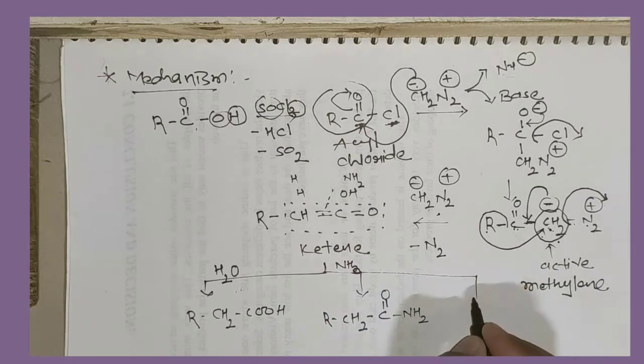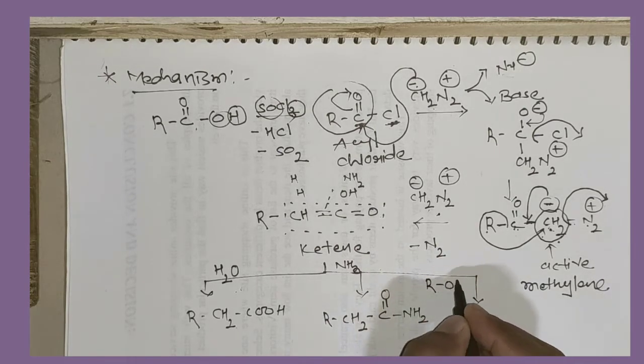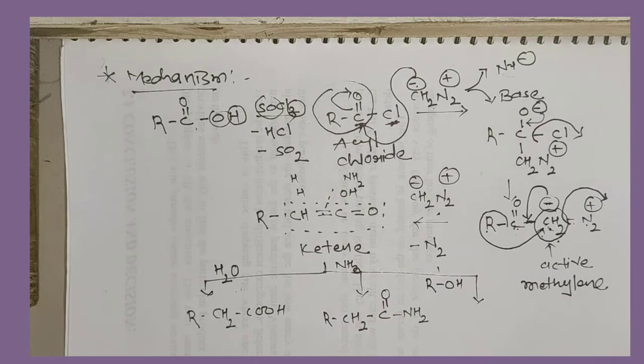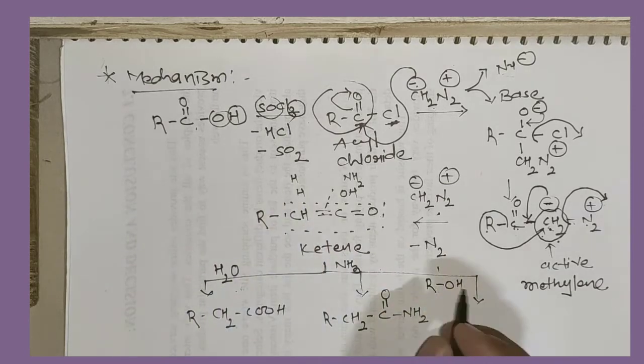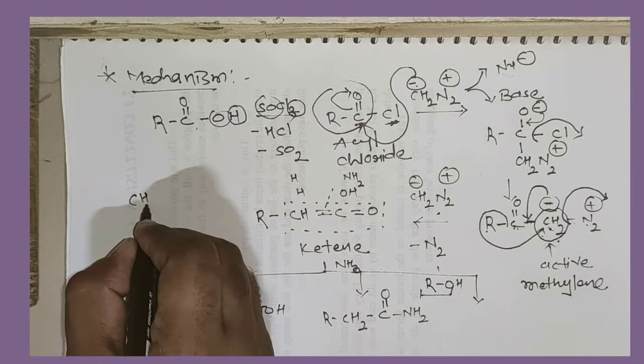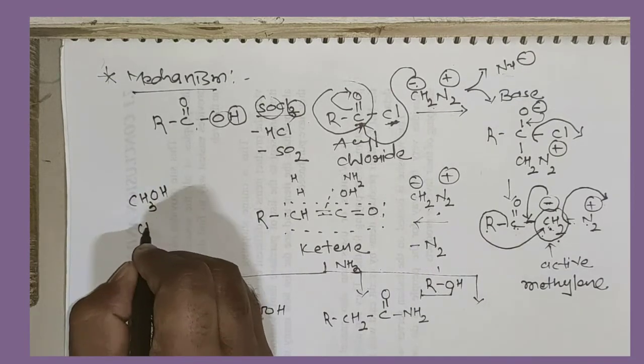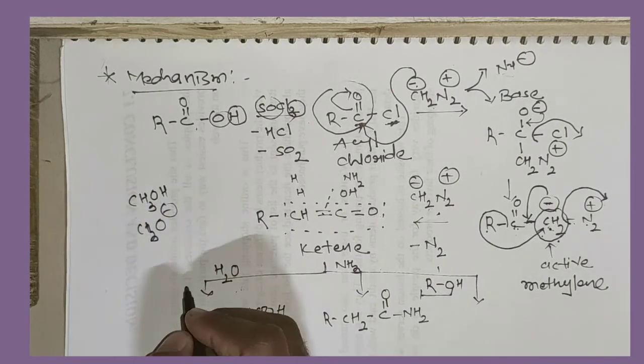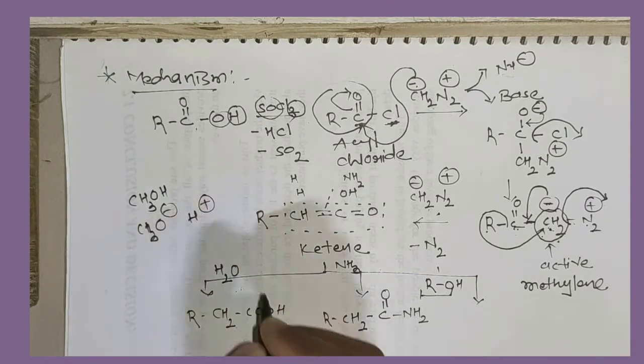In the third case, if we are adding alcohol, suppose R-OH is added during the reaction. So one side H, another side the RO part. Because in the case of alcohol, suppose we take methanol, CH3O minus alkoxide ion and H plus is the ionic form.